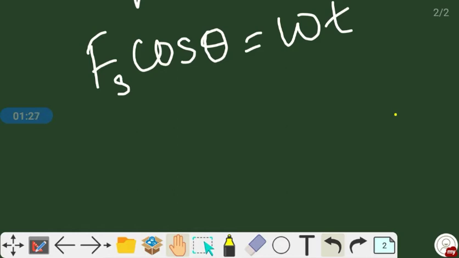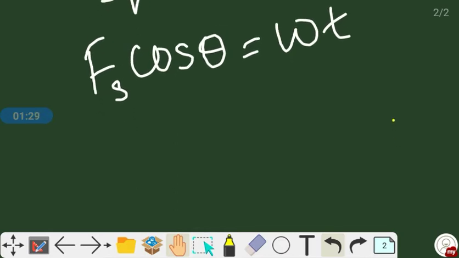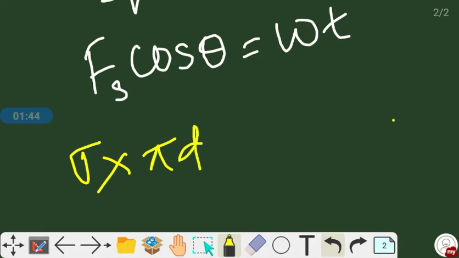Surface tension force will be surface tension into the perimeter. What will be the perimeter of the tube of diameter d? That is pi d, and cos theta is there already, will be equal to the weight.